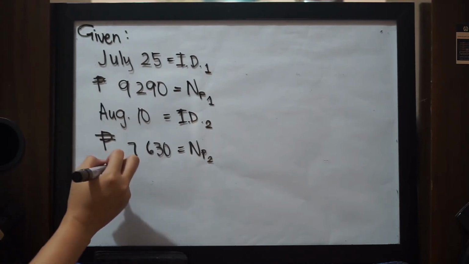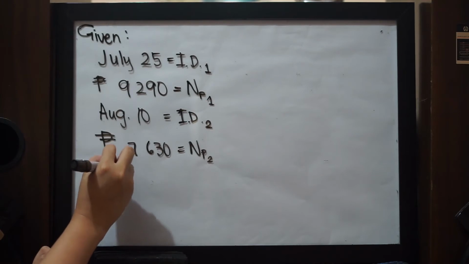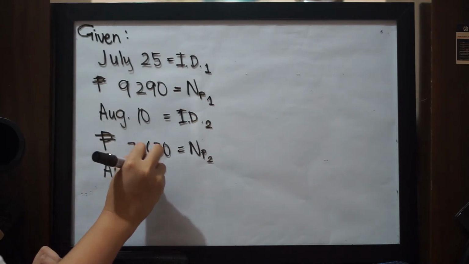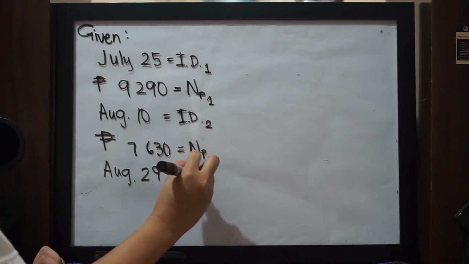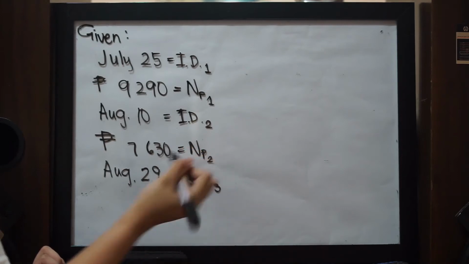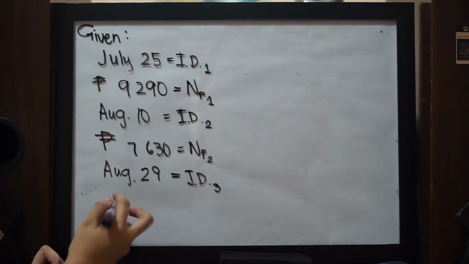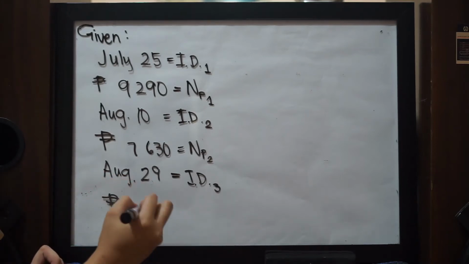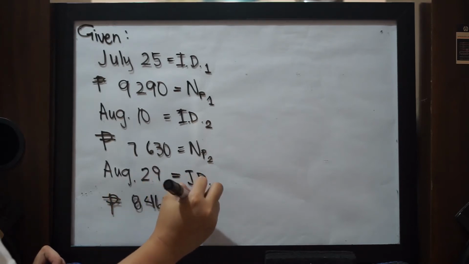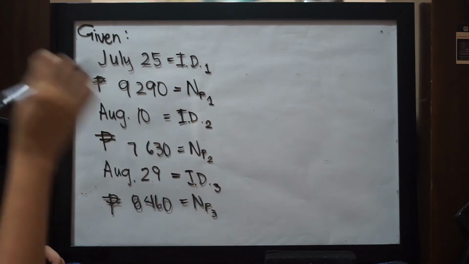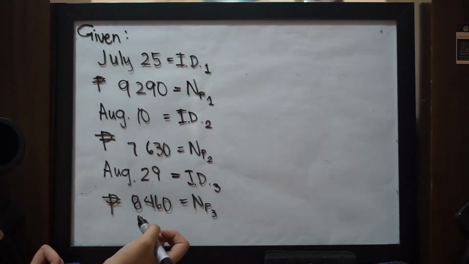And then, next, we have August 29, yung date for our third invoice. So, that is invoice date sub 3. And then, we have the amount as 8,460. Net price for the invoice sub 3.